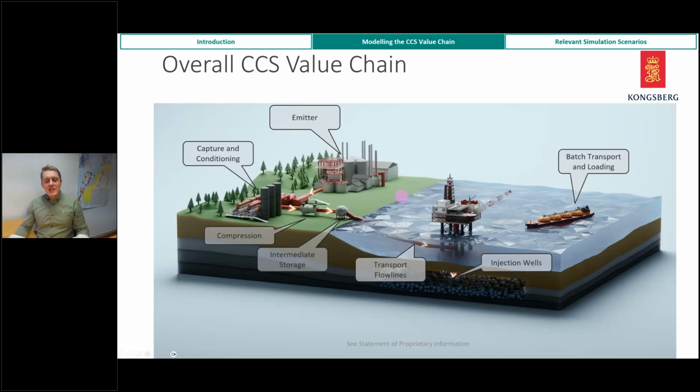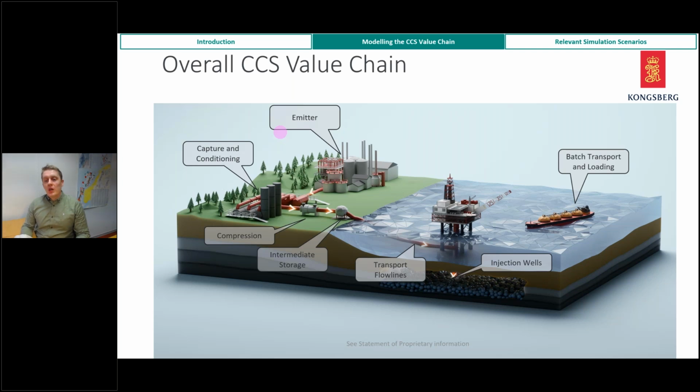Now we get into the meat of the presentation today, which is simulating the CCS value chain. That's what you're here to listen to, and I want you to think of the CCS value chain in three parts. On land, we have our emitter, whether that may be a cement plant, gas turbine, or ammonia plant.